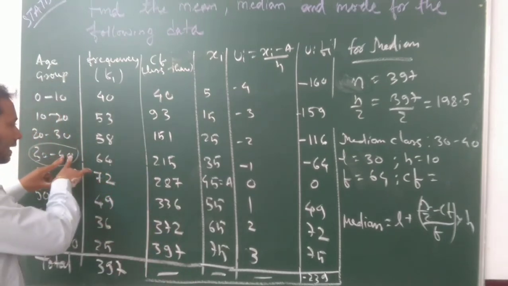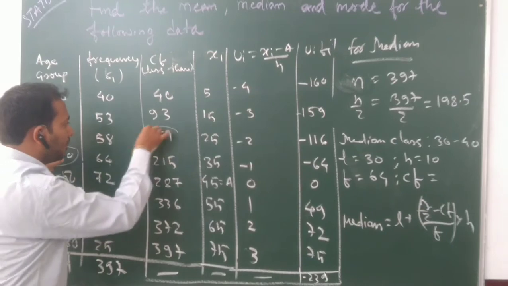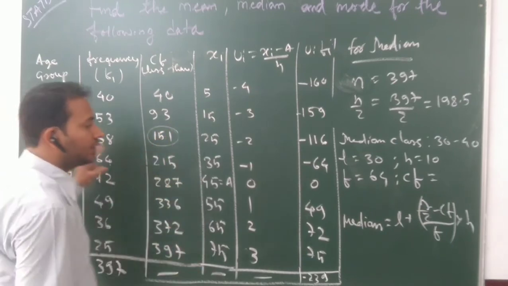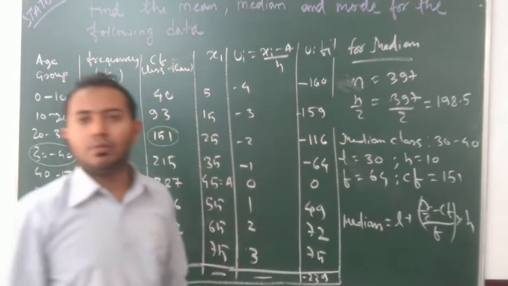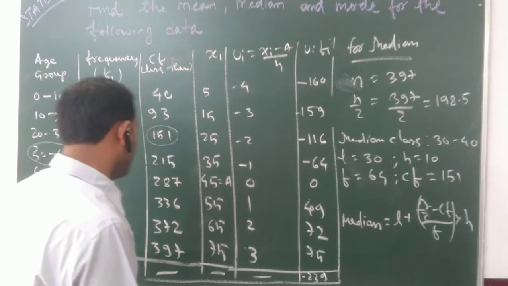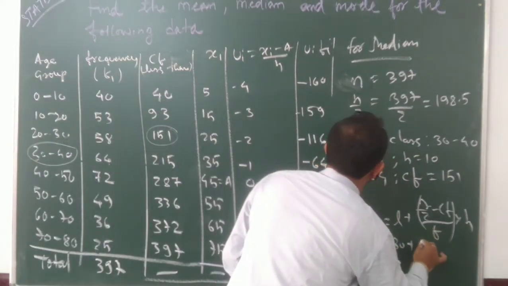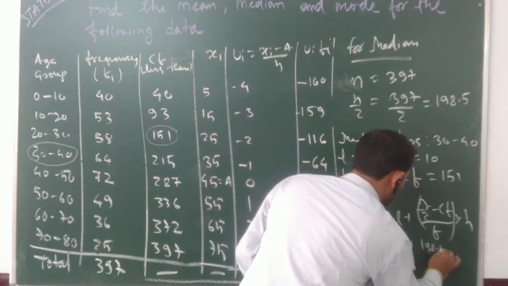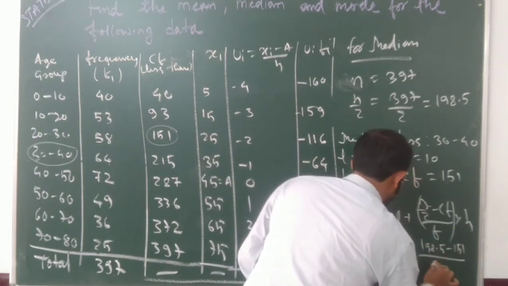So this is your median class and this is the class preceding the median class. And look at this one, 151. So 151 is your CF. Now you substitute the value. If you substitute the value, that is 30 plus n by 2, that is 198.5 minus 151, by, that is how many?